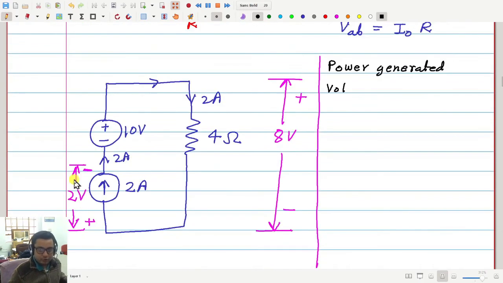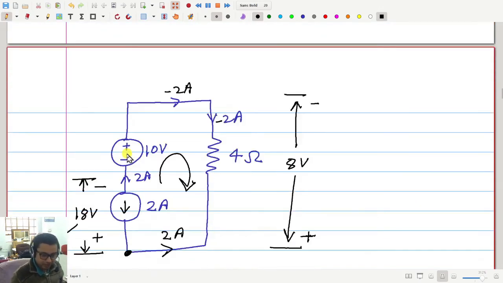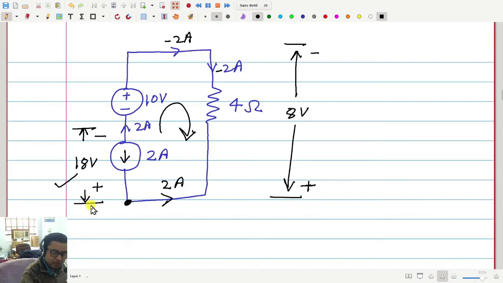Okay, so let's come to power. Sir, can you please explain the KVL again? Okay, so let us start from this point and go round the loop like this.